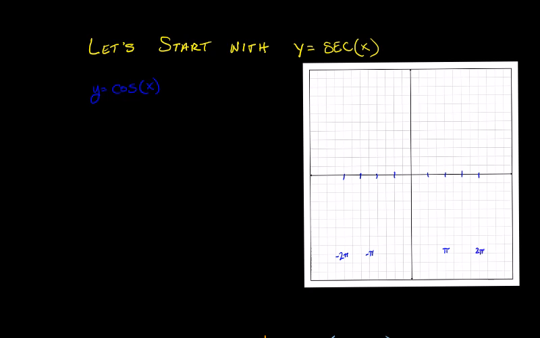Okay, and then let's just say that this is 1. So cosine starts up at the amplitude, right? Then it goes down. And then I'll go the other direction so we can make 2 full periods. Alright, so here's your cosine graph.